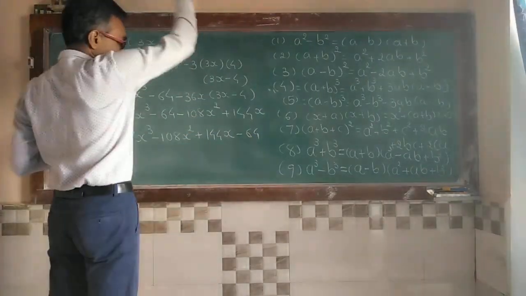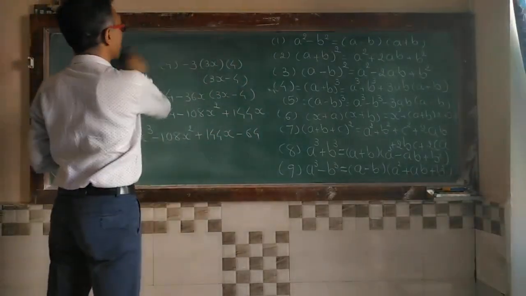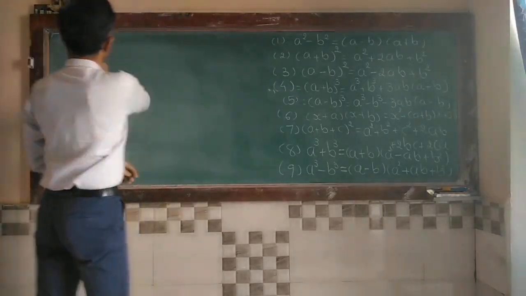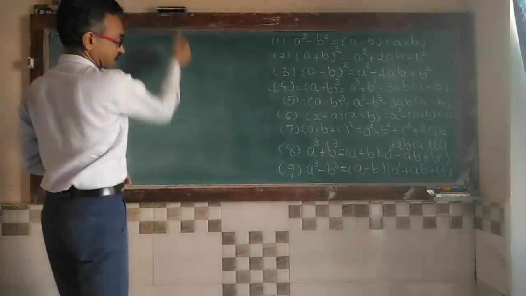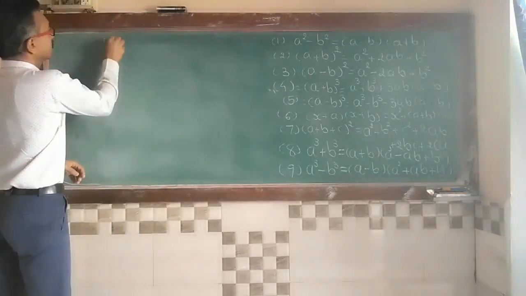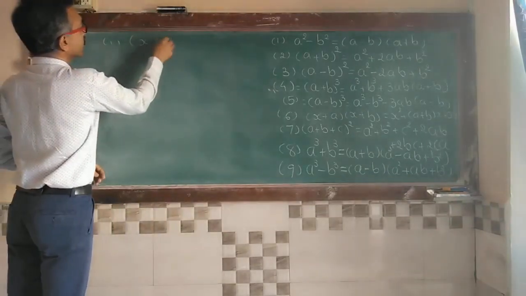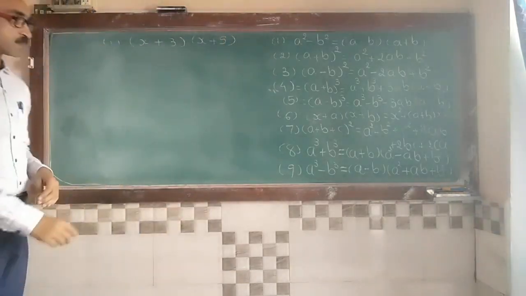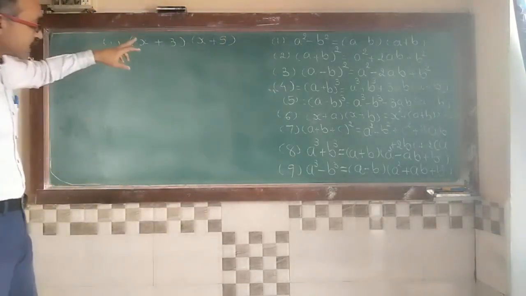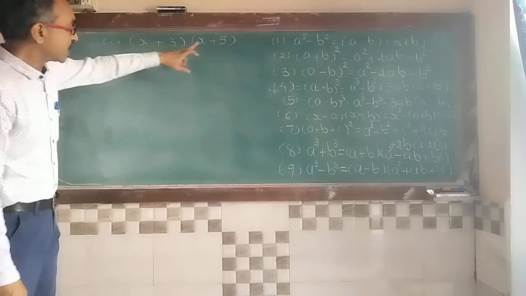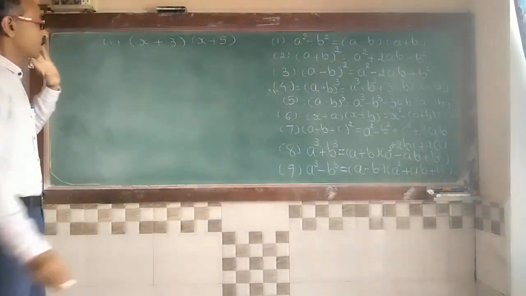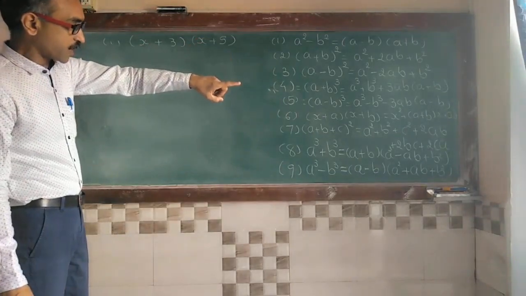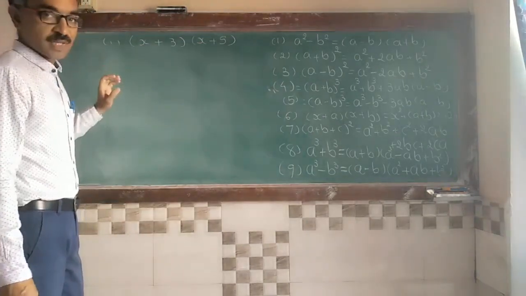Okay, now let's move towards the sixth formula. Suppose you are given x plus 3 and x plus 5. So here a is equal to 3 and b is equal to 5. So the answer is x square plus a plus b into bracket multiplied by x plus ab.